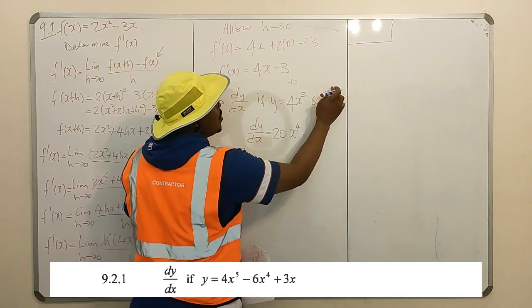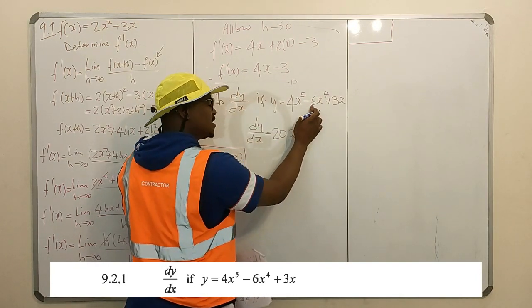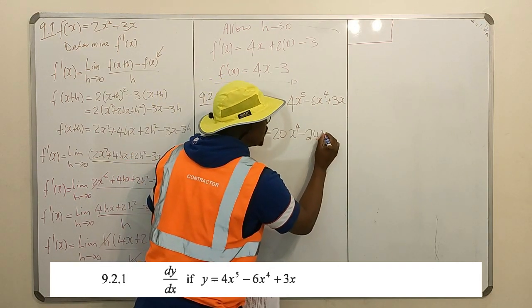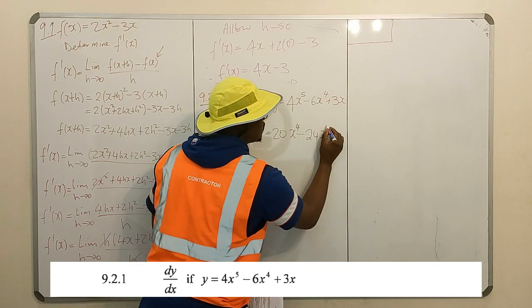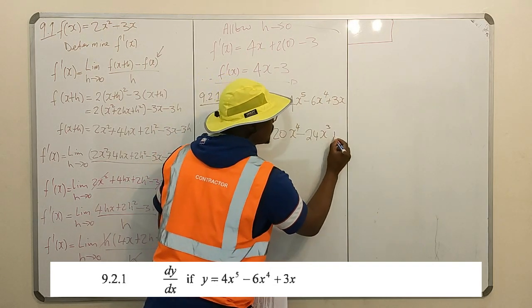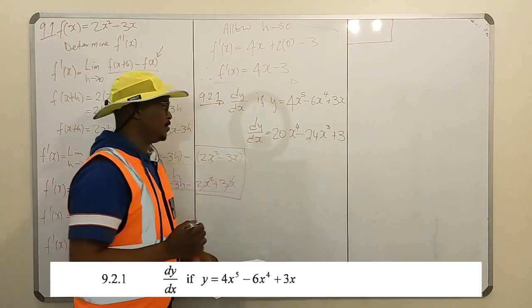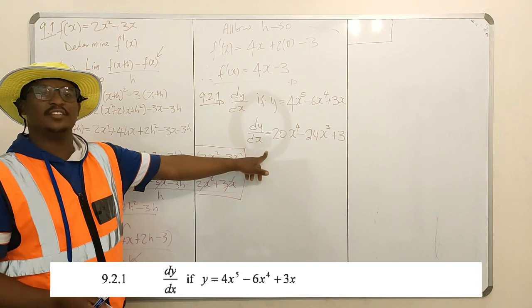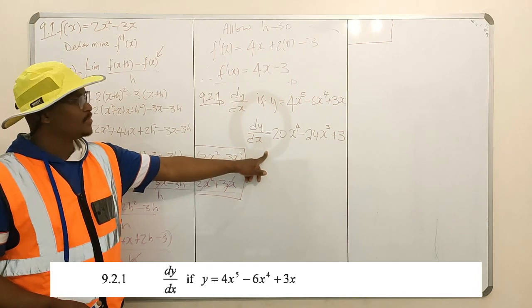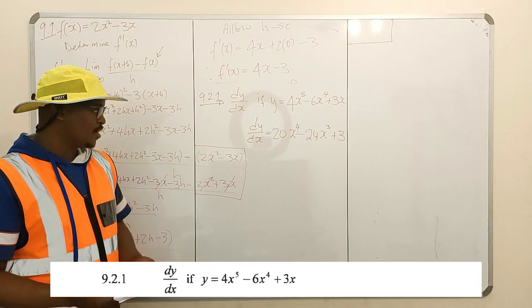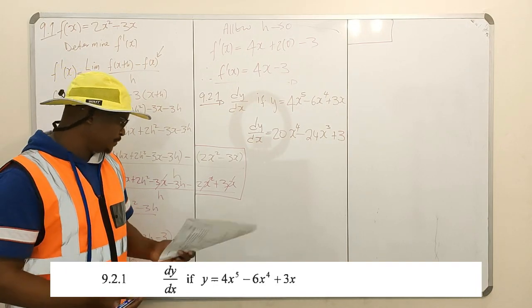Minus 4 times 6, that's 24, so 24x, then you subtract 1 there, so cubed. The derivative of this 3x here is 3. You're praying for this one. You're hoping they give you this one on your final exam. So you're done with this one. So I'll move to the next one.